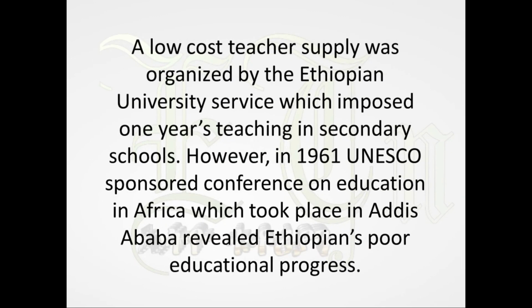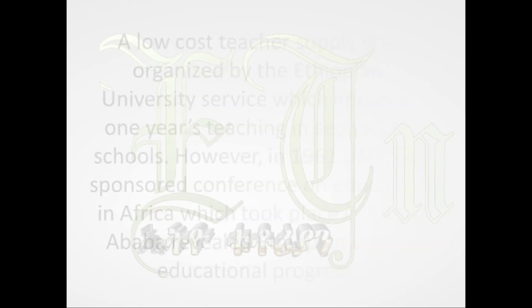A low-cost teacher supply was organized by the Ethiopian University Service, which imposed one year of teaching in secondary schools. However, the 1961 UNESCO-sponsored Conference on Education in Africa, which took place in Addis Ababa, revealed Ethiopia's poor educational progress.